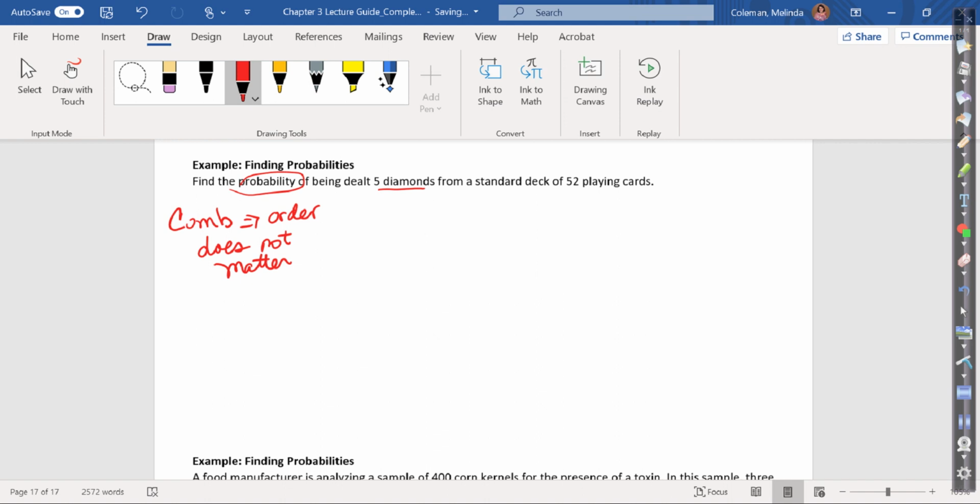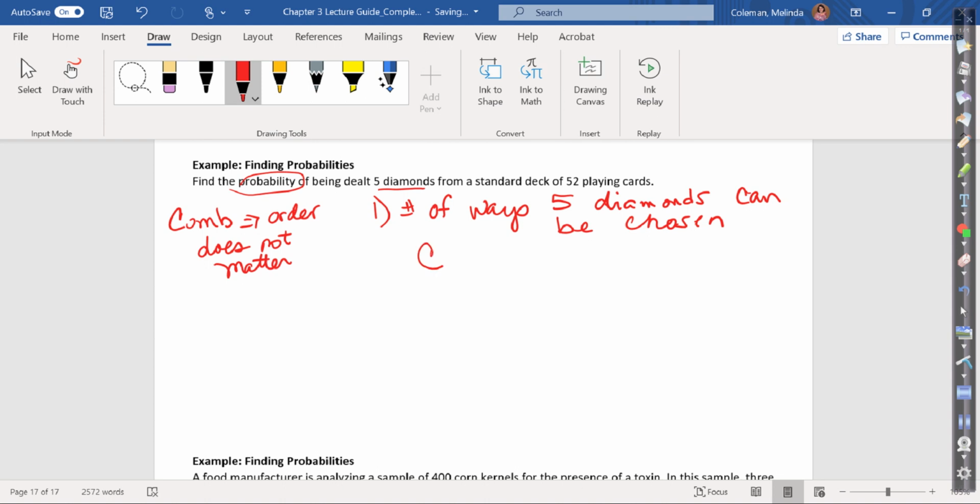However, I do have to think of this in 2 ways. So the first thing I'm going to do is find the number of combinations, the number of ways 5 diamonds can be picked.